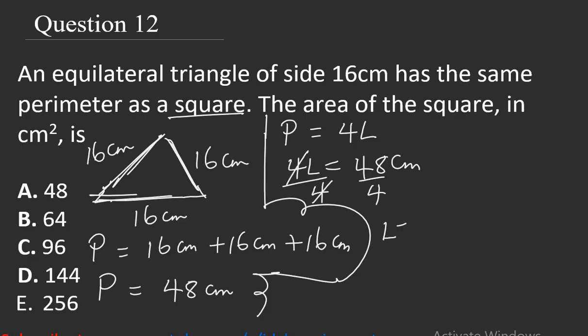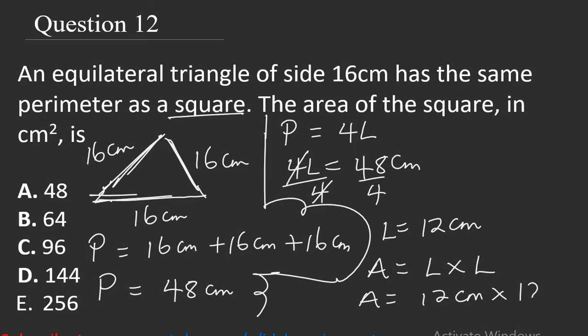The length L, 48 divided by 4, will give us 12 centimeters. What are we looking for? Area of a square. Area of a square is length times length. So area of the square will be 12 centimeters times 12 centimeters. Area is equal to 144 centimeter square. So the right option is D.